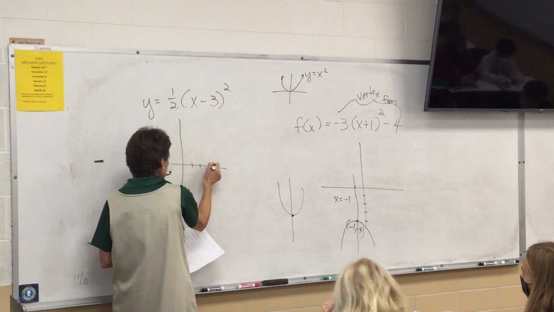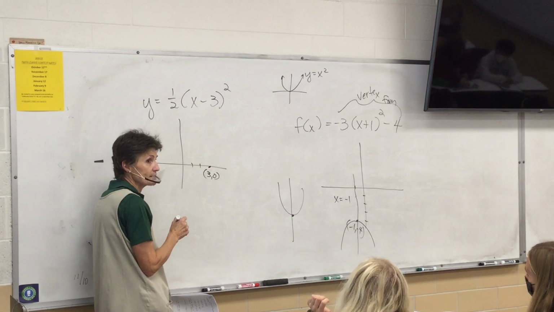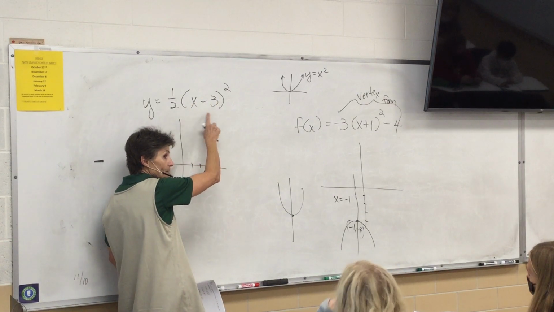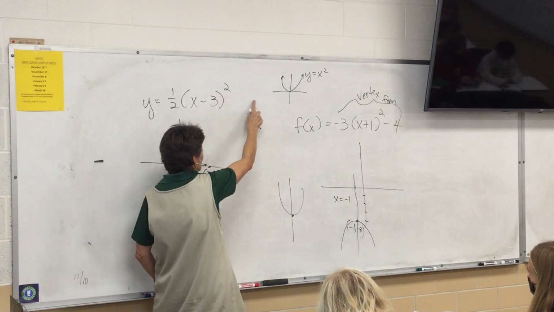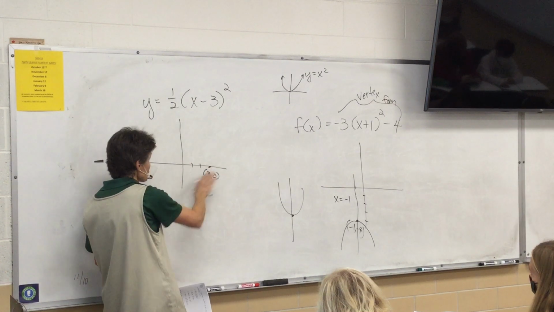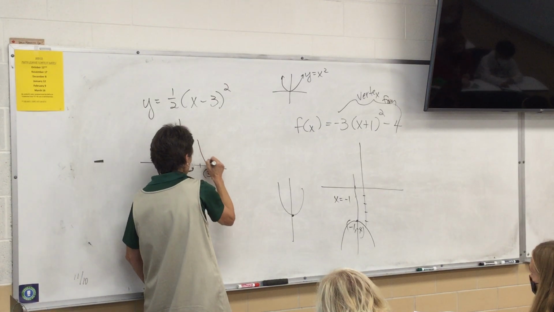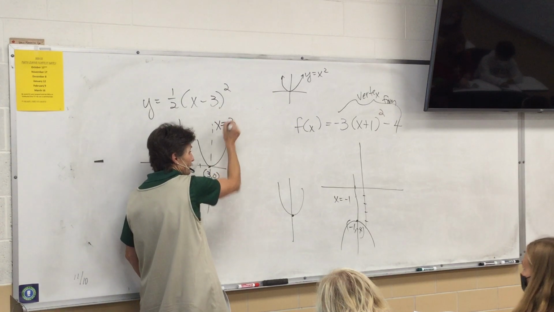At 3, 0. Now, how did she know it was at 3, 0? This is inside the parentheses, right? So that means right. Is there a number tacked on the end? No. So we didn't go up or down. We just shifted 3 right. Up or down? Up. Axis of symmetry, x equals 3.